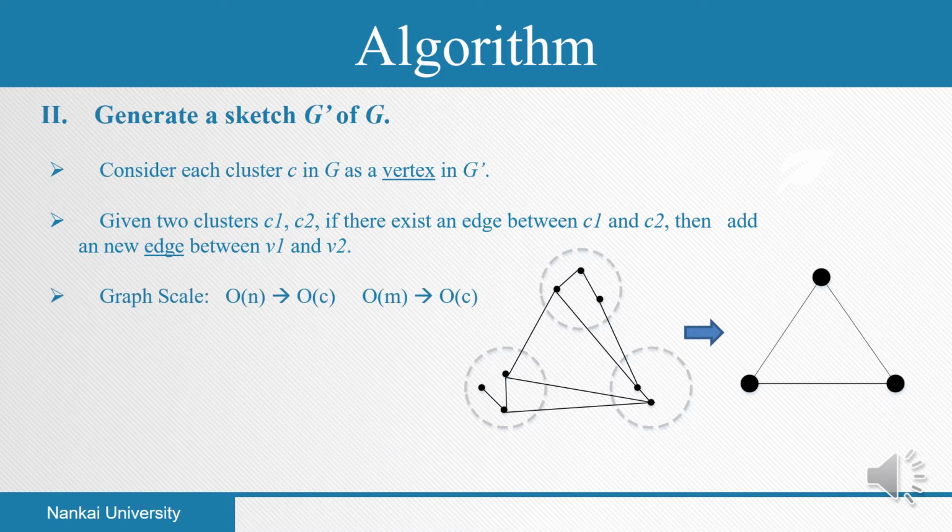Let N and M be the number of vertices and edges of graph G, and let C be the number of clusters. After clustering, the graph can be scaled down to O(C).